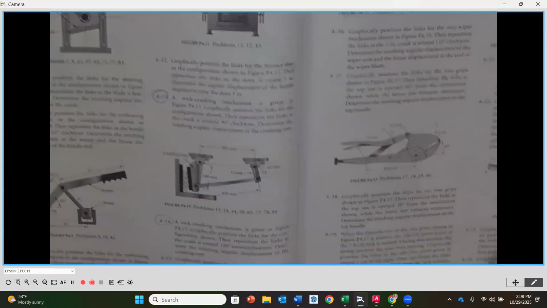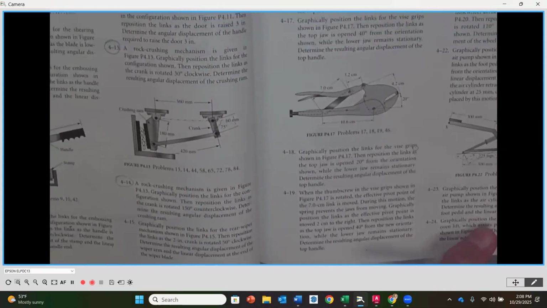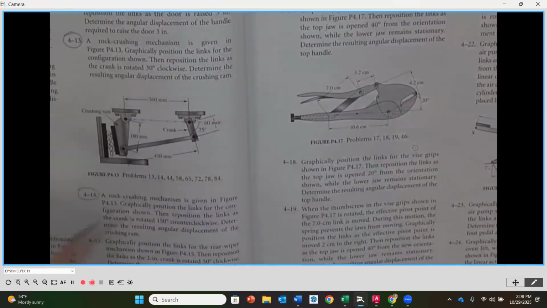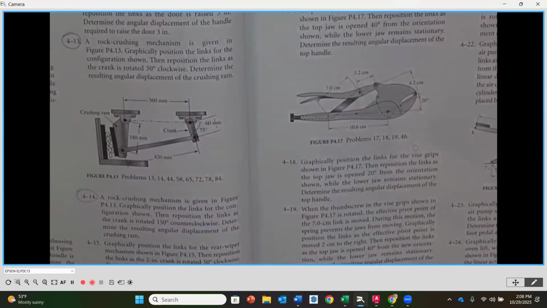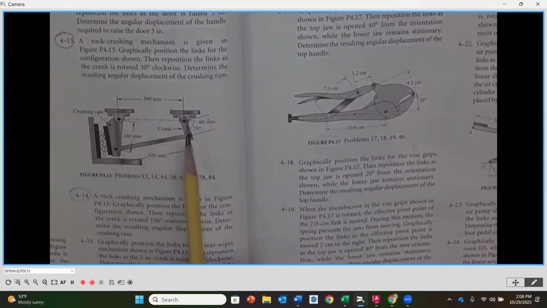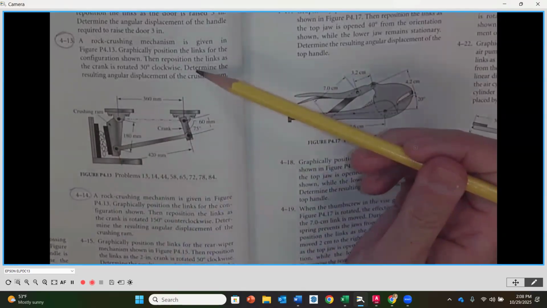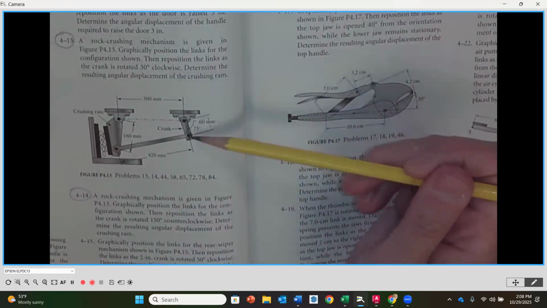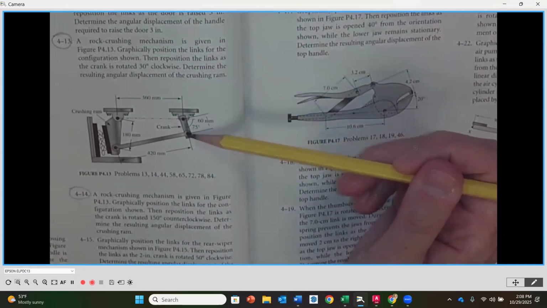And then 4.13 and 4.14, you're going to be using this diagram that you see here, okay? The rock crushing diagram, and you're going to reposition from this, if you would, home position. The first one, you're going to rotate the crank 30 degrees clockwise. Here's your crank over here. It's identifying it for you.